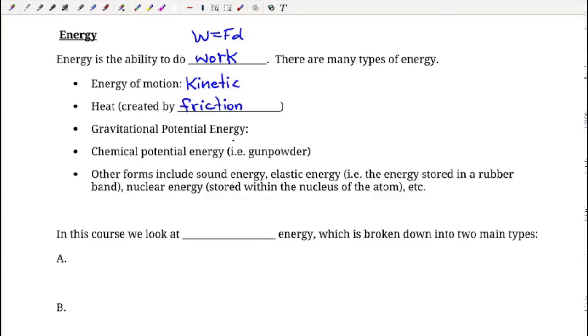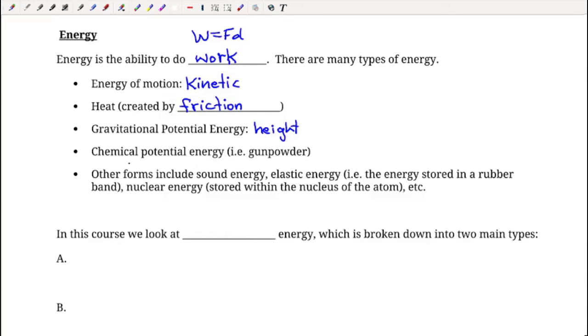Gravitational potential energy. This is the energy due to an object's height above the ground. And if you think about this in terms of force and distance, when something hits the ground, it's going to exert a force traveling through a distance. Or actually, it's the force of gravity that pulls it down, making it go through a distance. Anyway, gravitational potential energy has to do with height, how high above the ground you are.